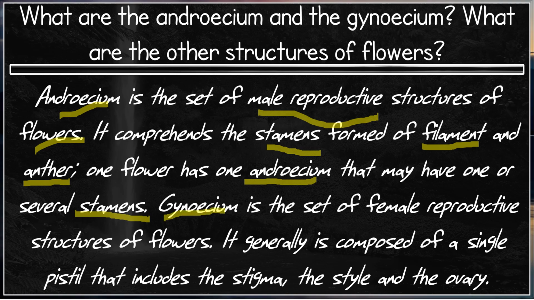Gynoecium is a set of female reproductive structures of flowers. It is generally composed of a single pistil that includes the stigma, the style, and the ovary.